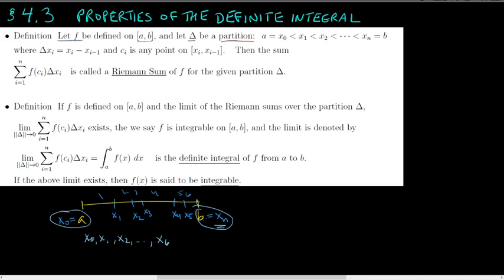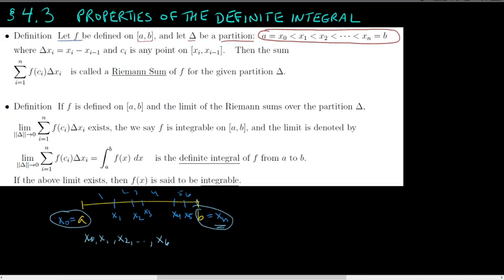In other words, if you started at x1, then this is 2, 3, 4, 5, 6, 7. Oh, wait a minute. 1, 2, 3, 4, 5, 6, 7. Yeah. So it would go to x7, but you only have 6 intervals. So that's why we start at 0. In any event, that's what we mean by a partition. It's just a list of the dividing points of your interval.